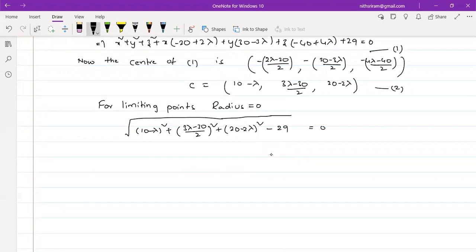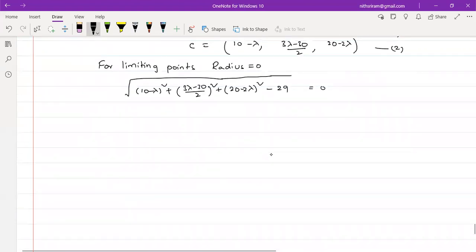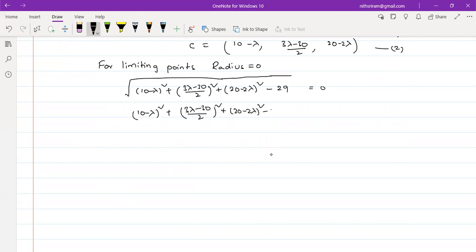Next, squaring on both sides, we get 10 minus lambda whole square plus 3 lambda minus 30 by 2 whole square plus 20 minus 2 lambda whole square minus 29 is equal to 0.